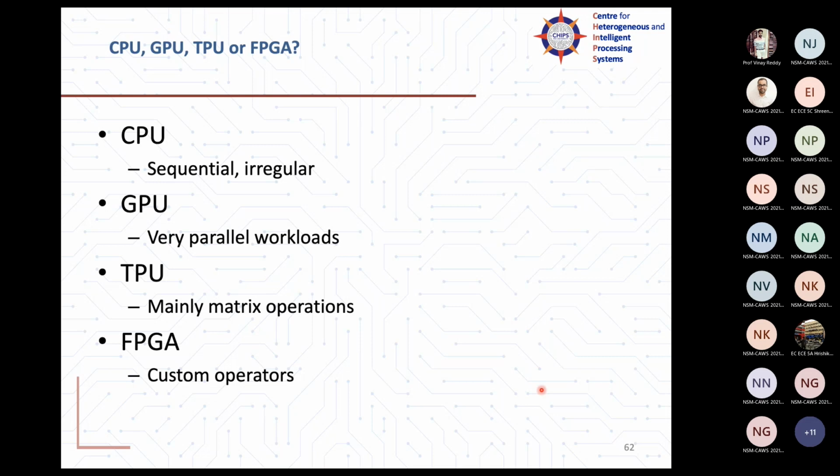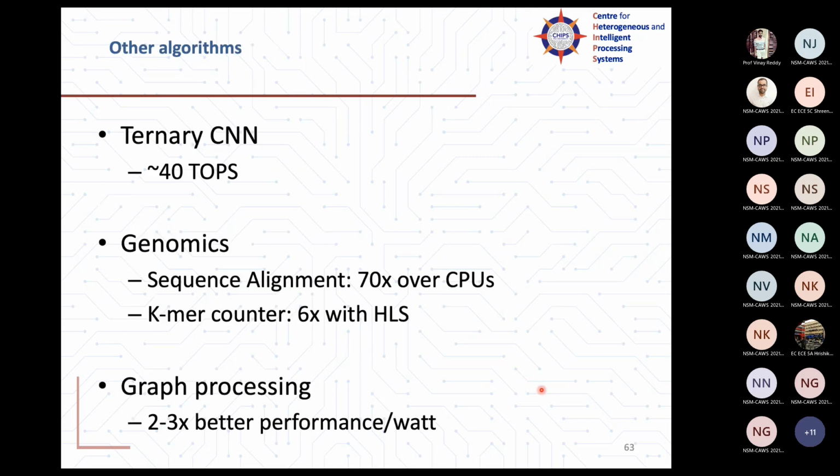That's why we are moving towards heterogeneous computing, where CPUs will be useful in sequential irregular workloads, GPUs for very parallel workloads, TPUs for matrix kind of operations, and FPGAs for custom operators. Right? So there is a place for all of them.